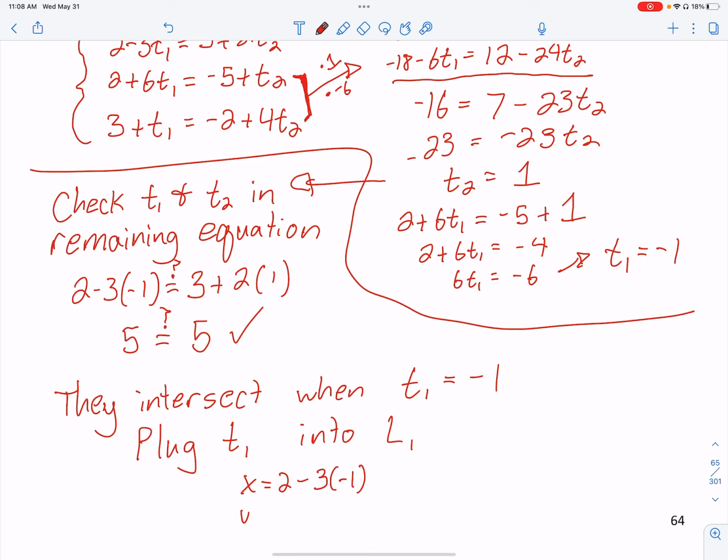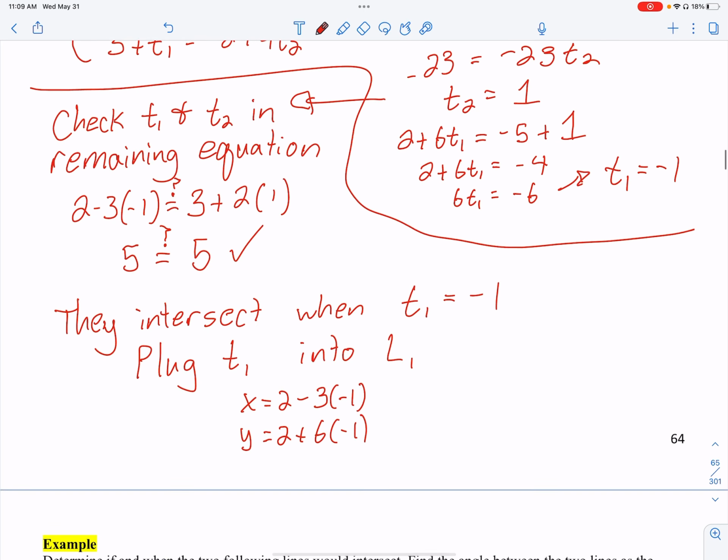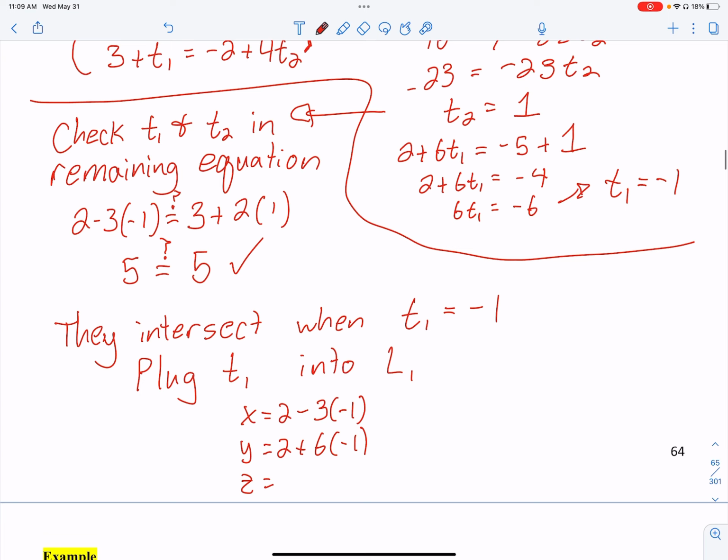I'm going to write these down. Y equals 2 plus 6 times negative 1. And then z equals 3 plus negative 1. So that's going to be a 5 in the x. If I plug in negative 1 there, I got negative 4 in the y, and then 2 there. So the two lines intersect at 5, negative 4, 2.